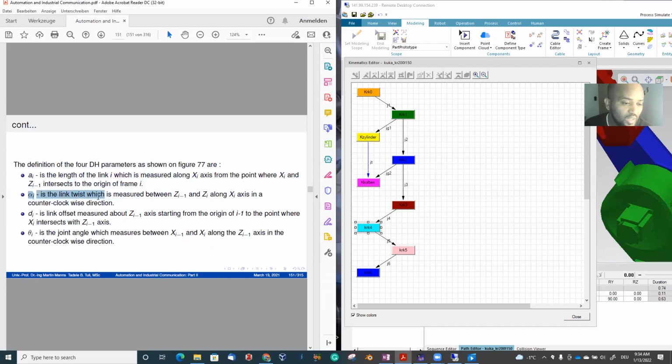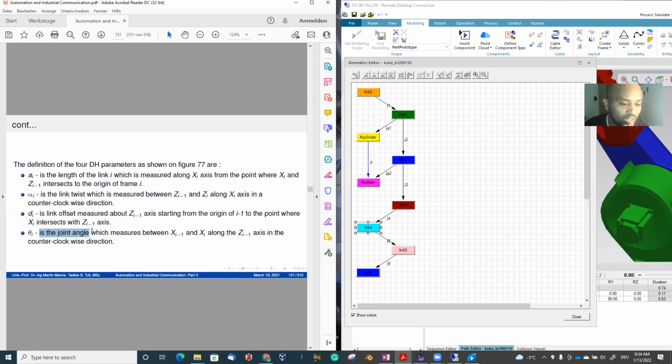Alpha 4 is the link twist, which is measured between Z3 and Z4 along the X4 axis in the counterclockwise direction. Counterclockwise is always used to measure positive rotations. d4 is the link offset measured along the Z3 axis, starting from the origin of frame 3 to the point where X4 intersects with the Z3 axis.